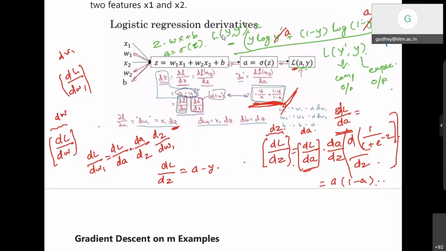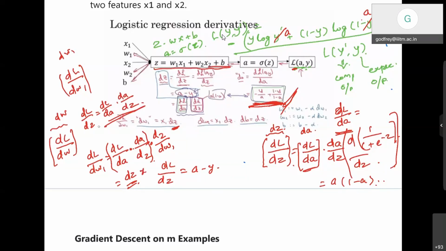By chain rule, this is what gives you dl by dw1. Right? So now this entire thing can be written as dz, because you know that dl by dz is equal to dl by dA into dA by dz. So dz by dw1: if you differentiate this equation, then you get x1.